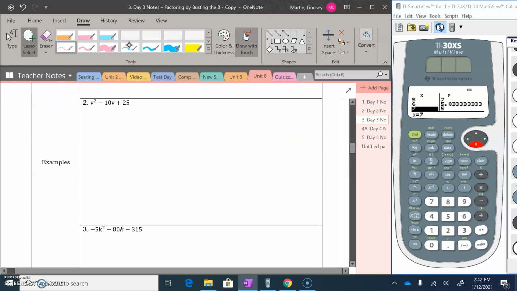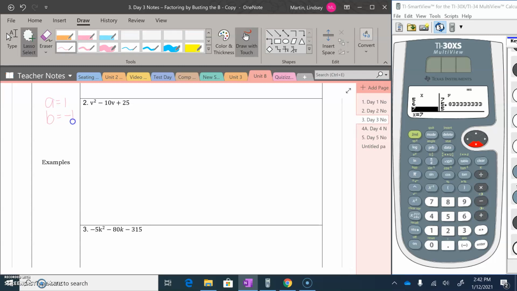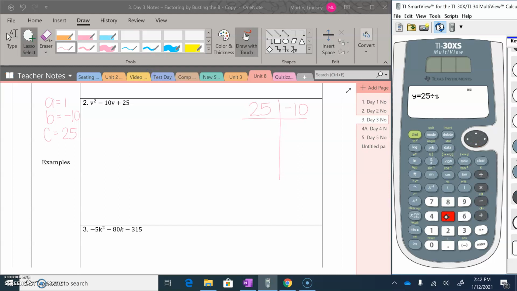My A value here is 1, my B value is -10, and my C value is 25. I'm going to make my table again on the right-hand side with A times C on the left and B on the right. A times C here is 25, and B is -10. Now I'll list all my factors of 25.